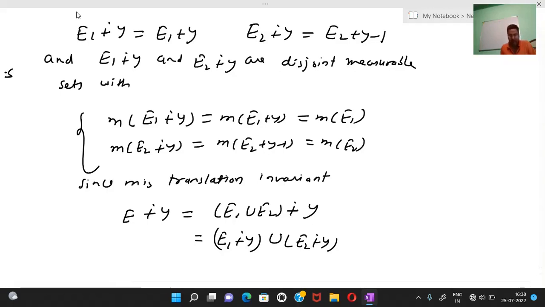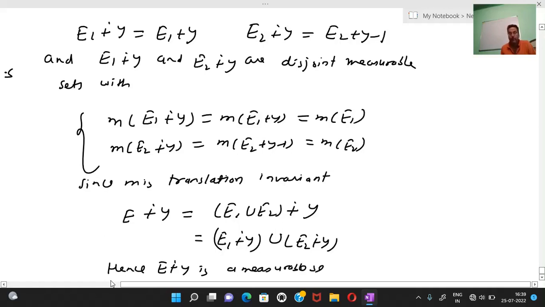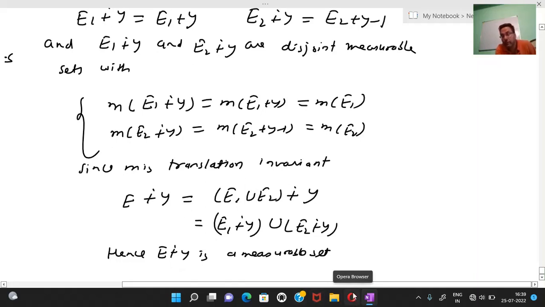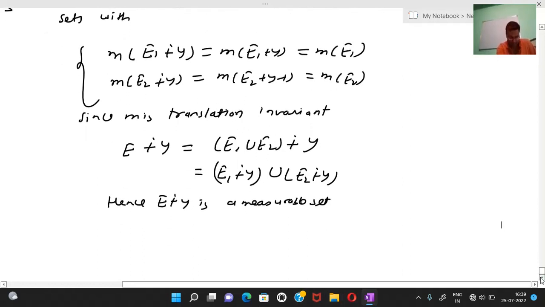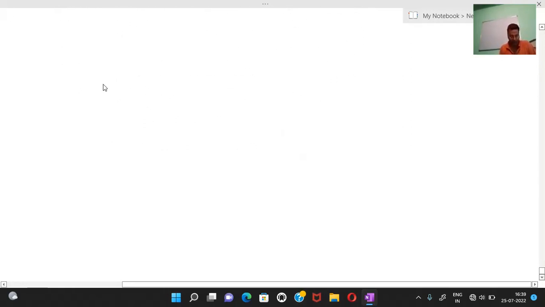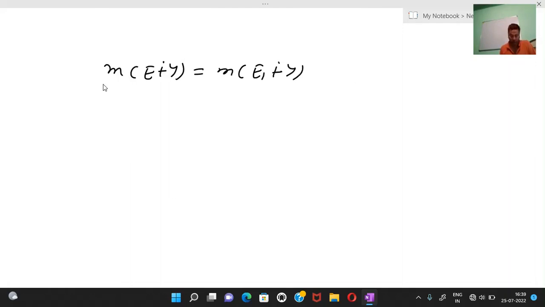Hence, E plus dot y is a measurable set with measure of E plus dot y equal to the measure of E1 plus dot y plus the measure of E2 plus dot y.